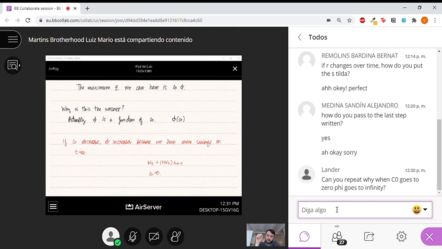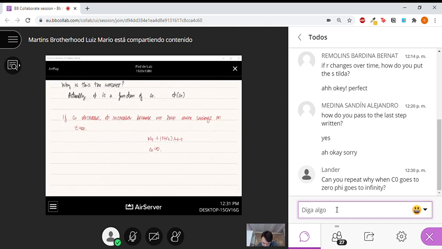I'm just thinking the initial condition is S minus 1. That's the constraint in the first period.